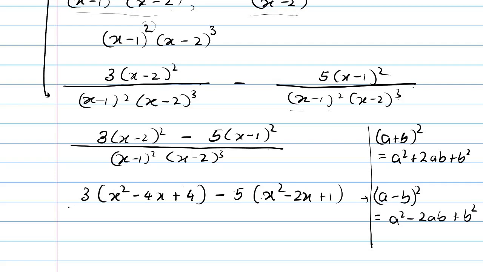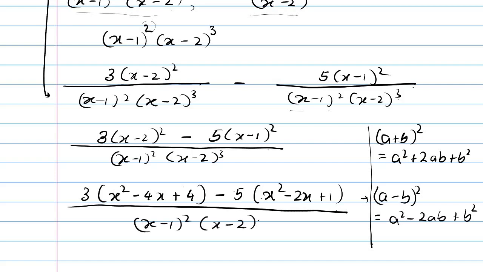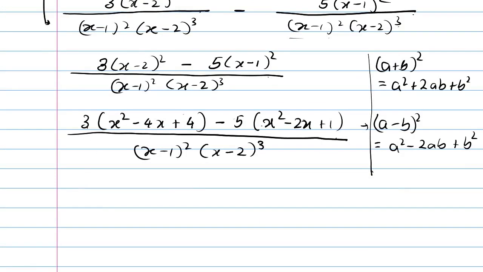Fine. So we have the denominator that's already there. You're not going to change anything, you can just keep it like this. Don't need to distribute any of this, it's going to be a mess. So we can just distribute this, we get 3x squared minus 12x plus 12.